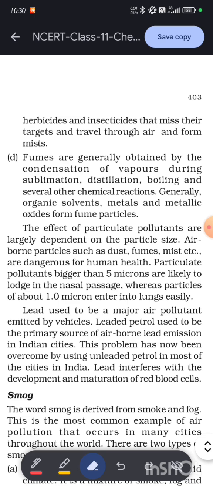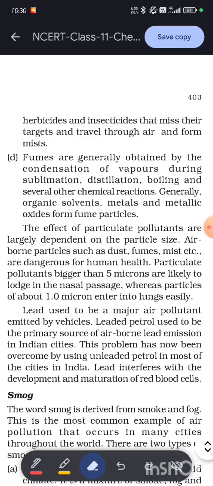The effect of particulate pollutants are largely dependent on the particle size. Airborne particles such as dust, fumes, mist, etc. are dangerous for human health. Particulate pollutants bigger than 5 microns are likely to lodge in the nasal passage, whereas particulates of about 1 micron enter into lungs easily.